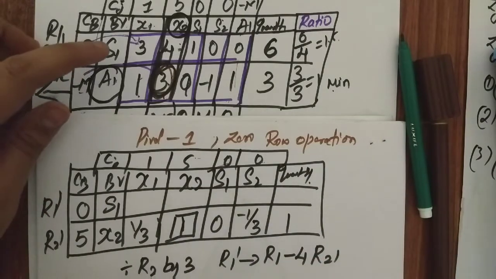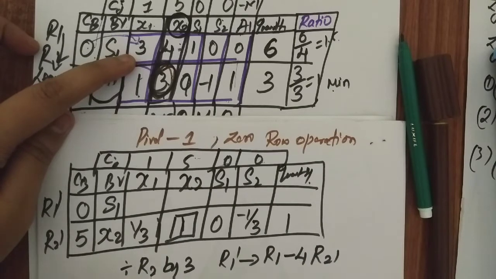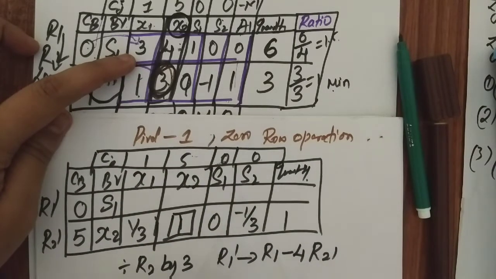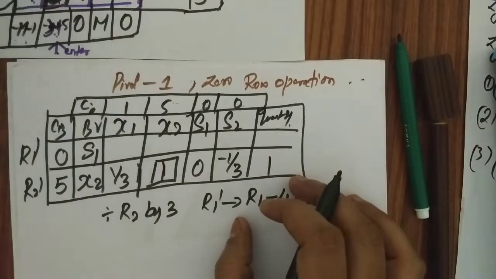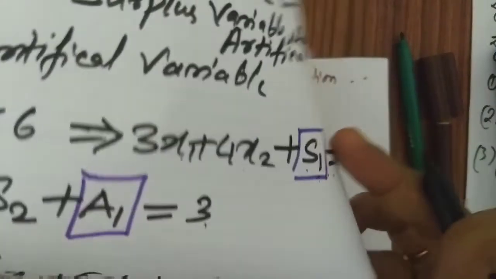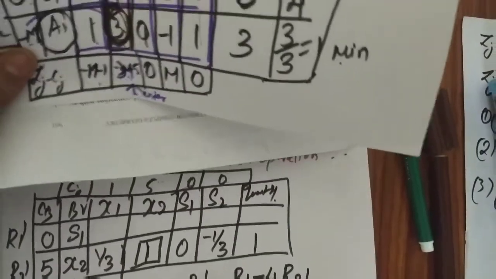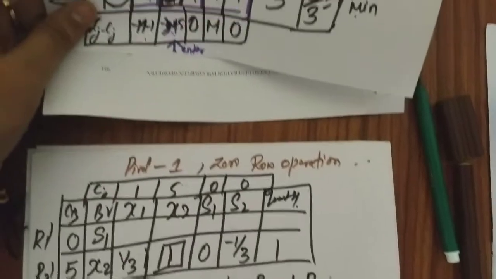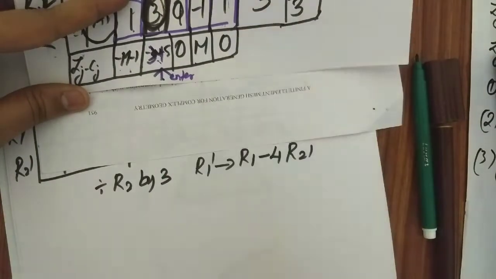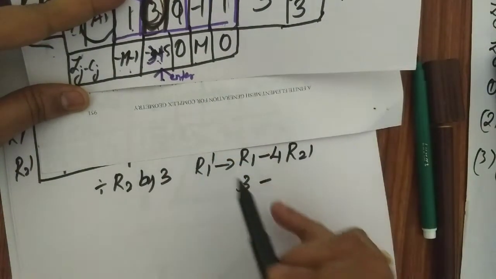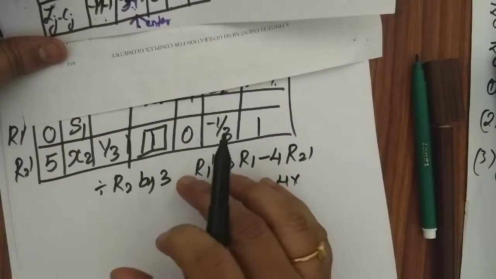Perform this operation. R1 is 3 minus 1 by 3 into 4. So here I have R1 as 3, so 3 minus 4 into R2 dash.